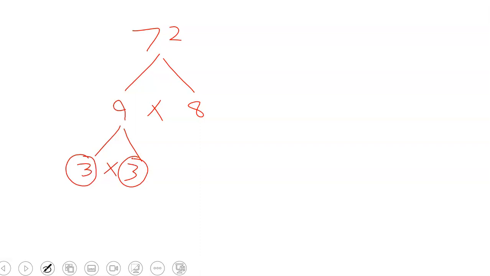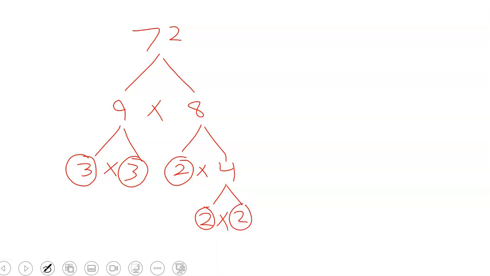3. 8 has two factors, 2 times 4. 2 is a prime factor, so I circle it. Now 4 is still a composite number, so it has factors, 2 times 2. Now I almost finished. What is the prime factorization of 72?